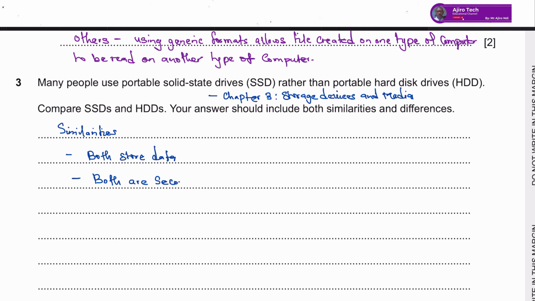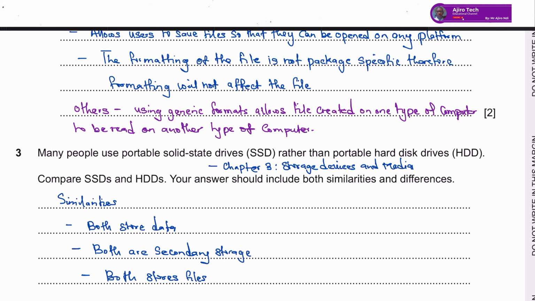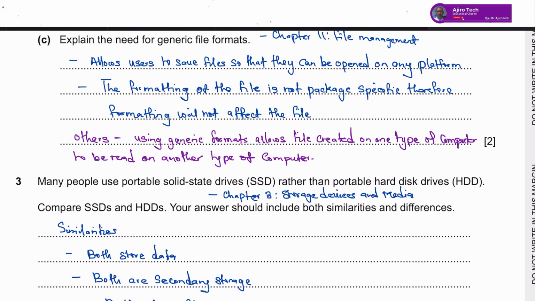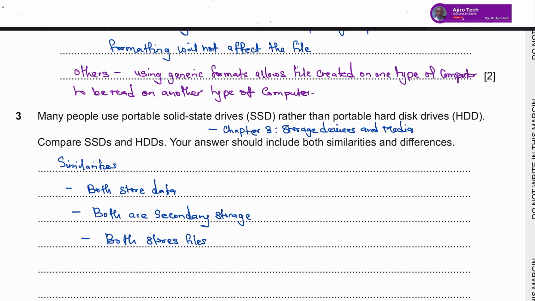Secondary storage. The primary are your RAM and ROM. Both store files permanently.